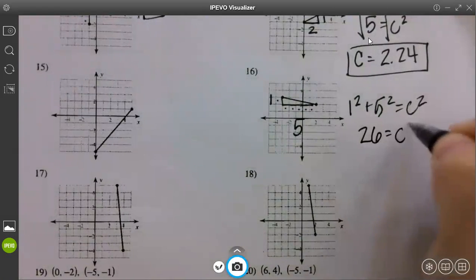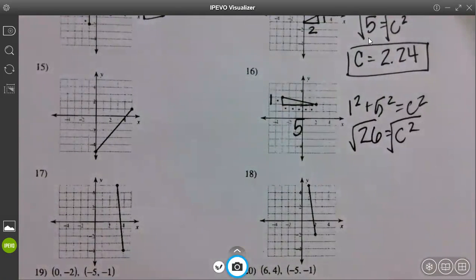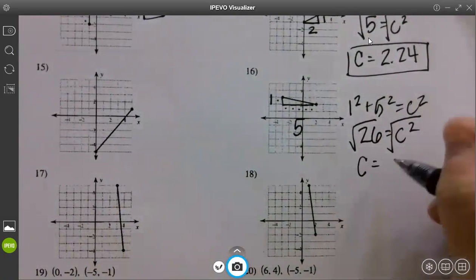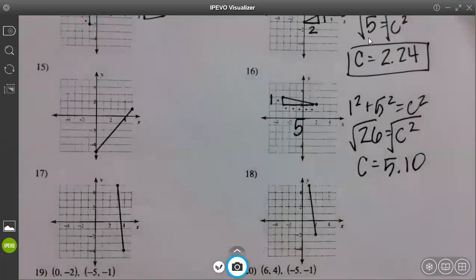Good job. And then we take the square root. What do we get? Yeah, you can do 10. If you would have given me 09, I'd be okay with that as well. Okay.